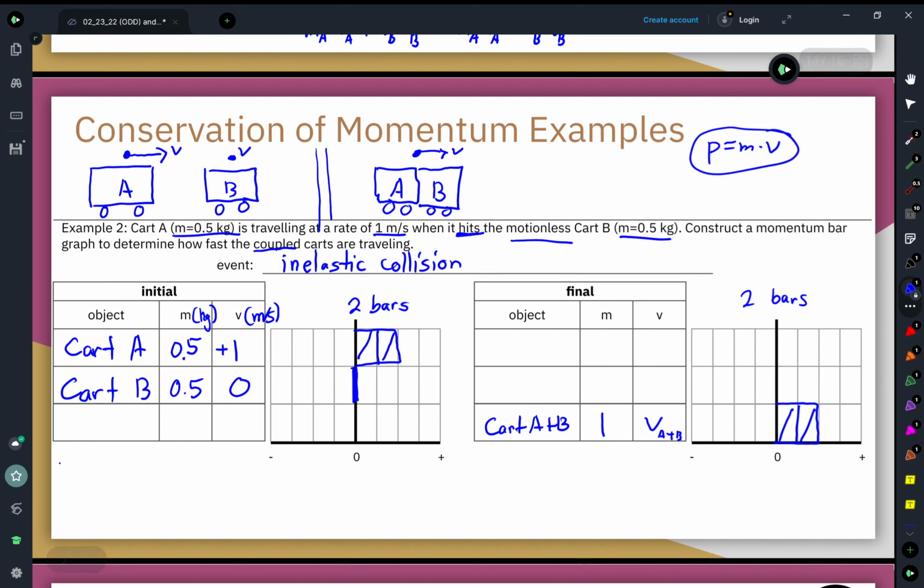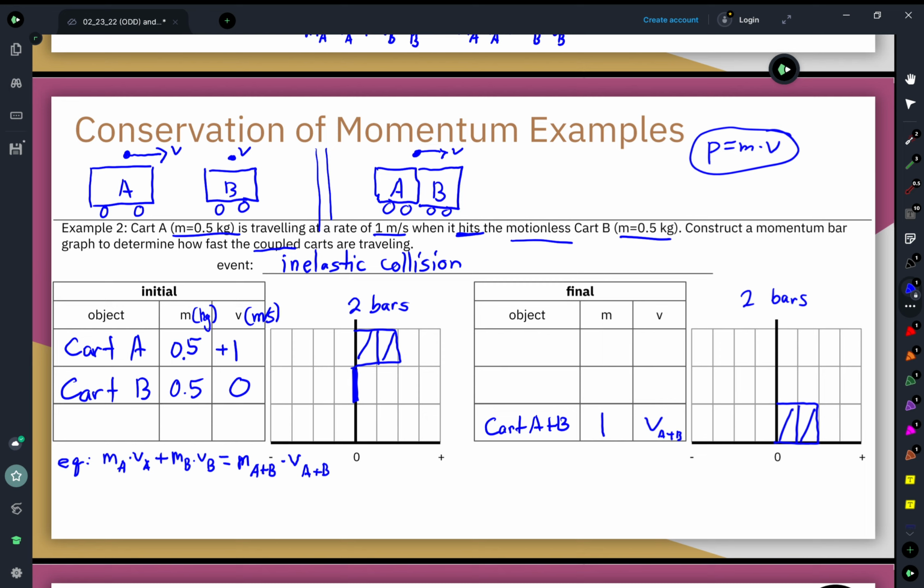Well, for that equation, in order for this to be conserved, our initial momentums are equal to their final momentums, or the mass of cart A times our velocity of cart A at the beginning, plus mass of cart B times the velocity of cart B at the beginning, is going to be equal to the combined mass of cart A and cart B at the end times our velocity of cart A and cart B at the end. This is going to show that momentum is conserved from our initial to our final situation.